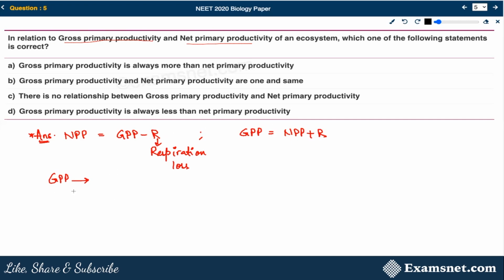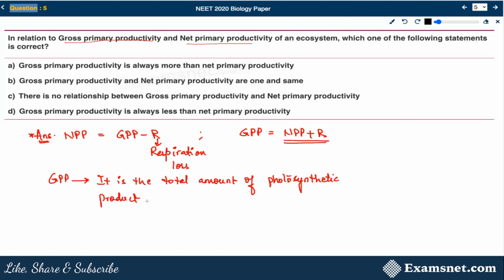If we write the definition, GPP is the total amount of photosynthetic product, that means the entire product produced by plants, including NPP plus R. Clear?